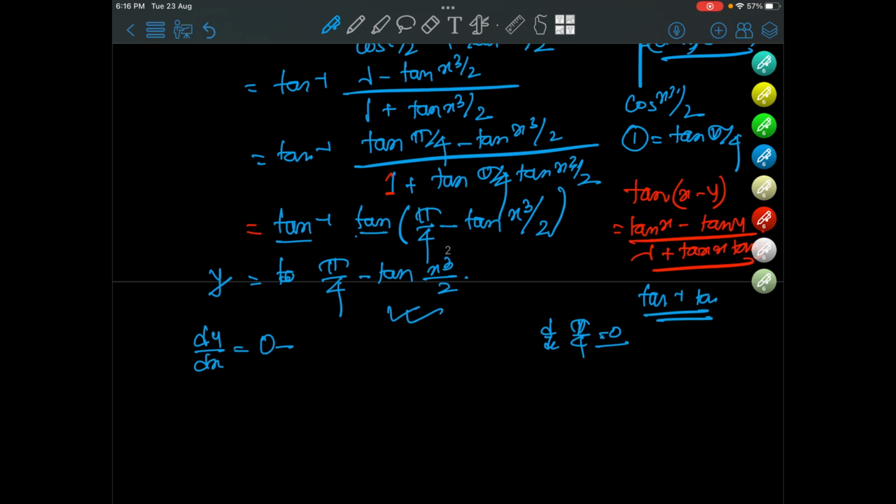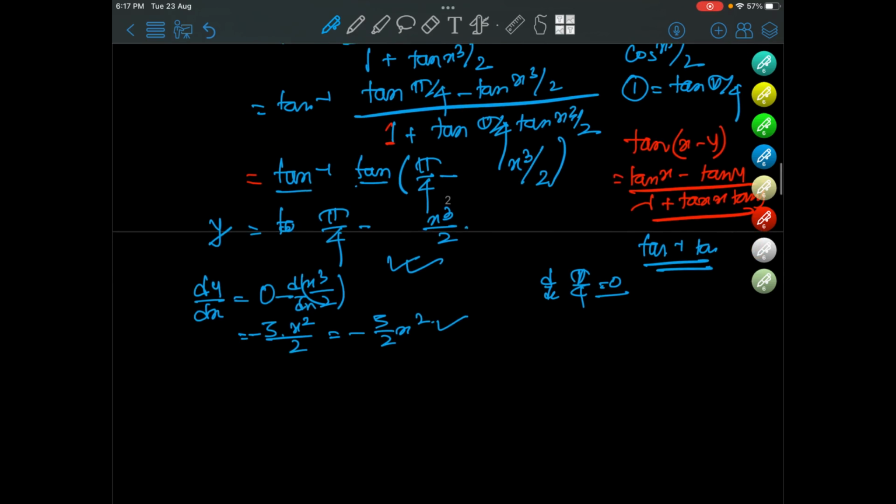Then minus of tan x cube by 2 d of dx, that is equals to 3 minus 3 of x by 2 by 3, that is 3 by 2 x square, and the double derivative of this will be d2y/dx2 equals to minus of 3x.